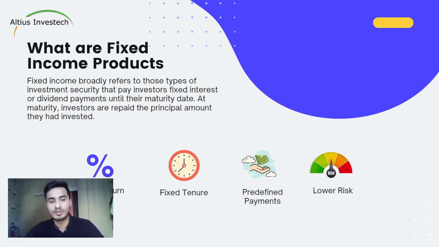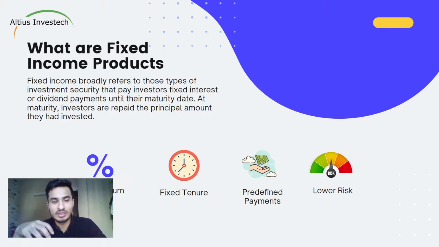So, what are fixed income products? Basically, these are investment opportunities that give you a fixed return on your investments by paying out a fixed interest or dividend payments until their maturity date.